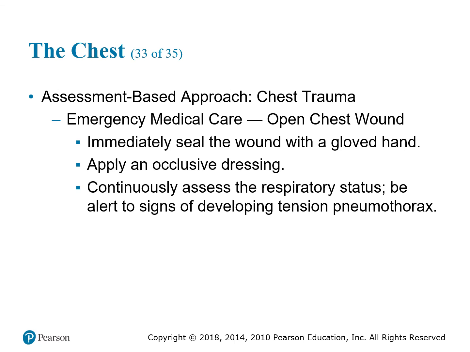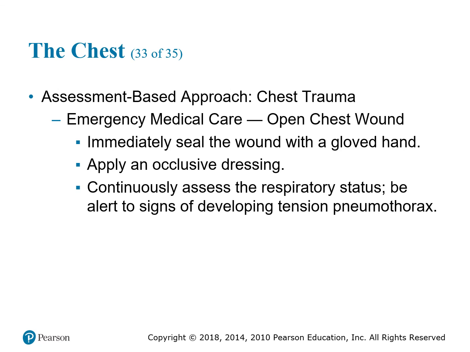Of those signs, a big one that your book doesn't necessarily say, but is progressive respiratory distress. Like your patient was a little short of breath because he had an open chest injury, but he was doing okay. You were monitoring his oxygen levels, and he was around 95% on room air.